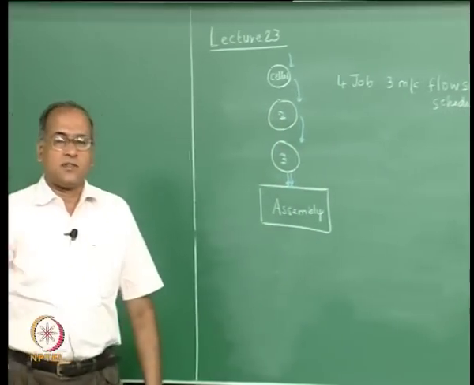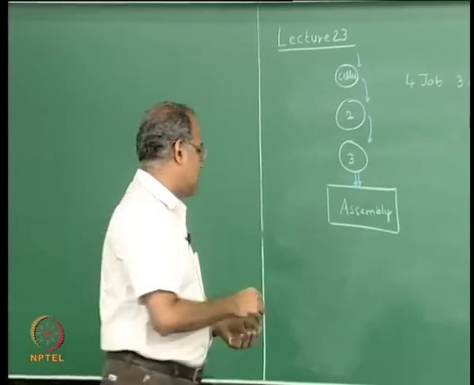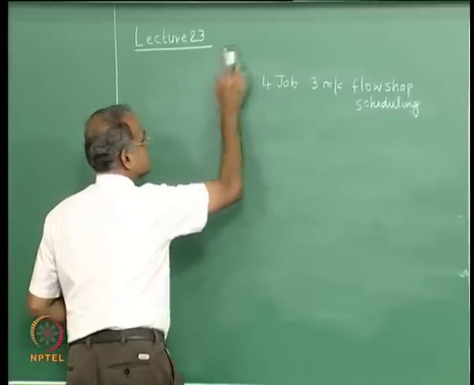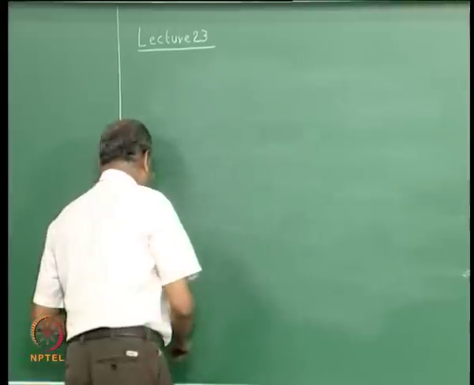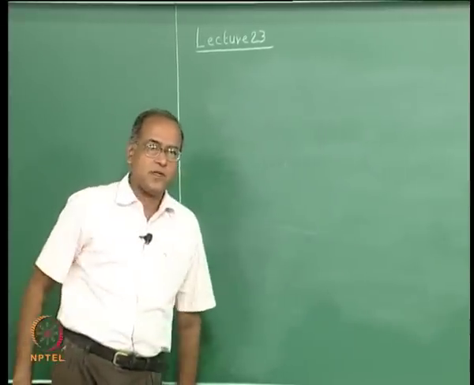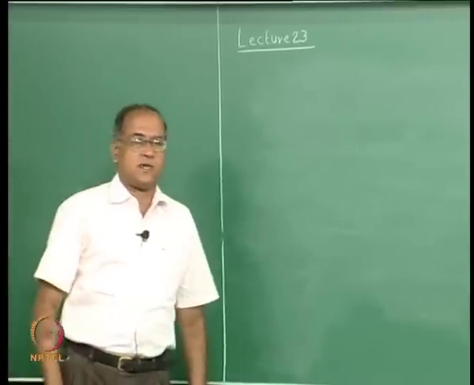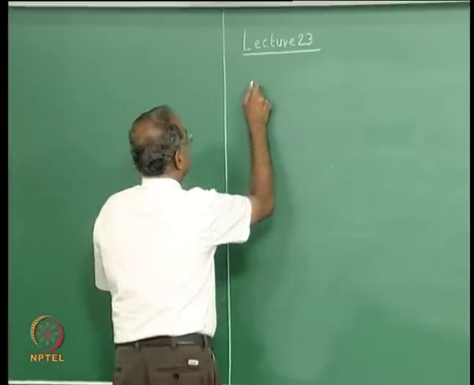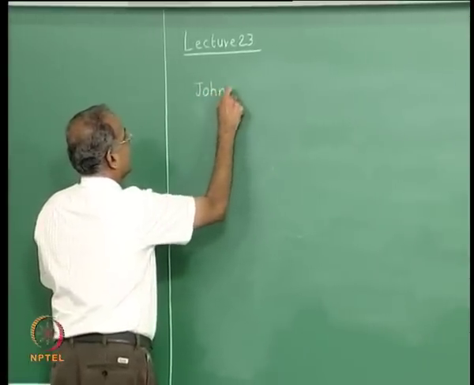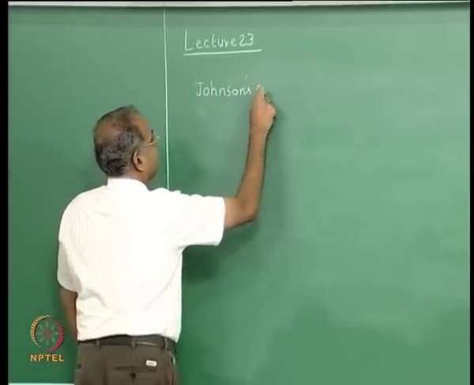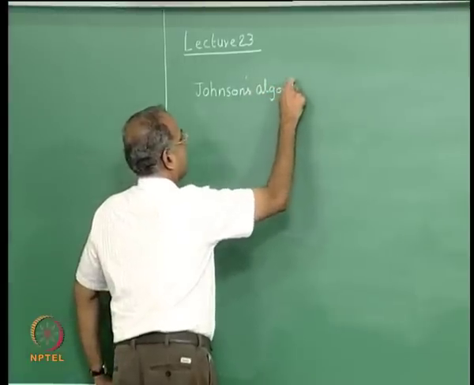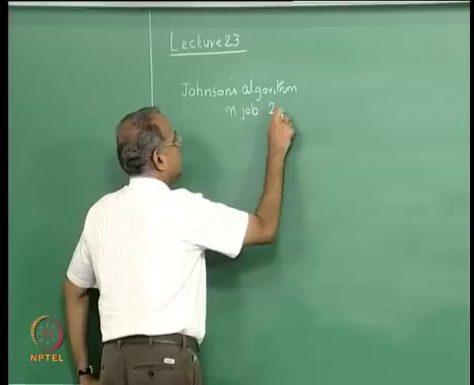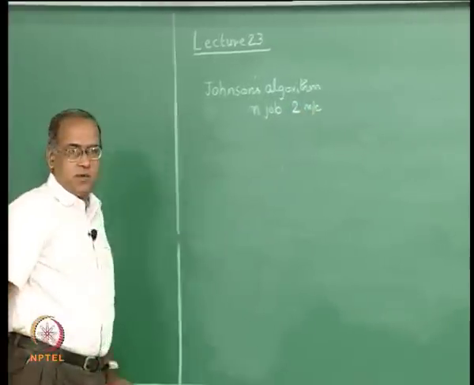Now, there are several ways of doing this flow shop scheduling or sequencing problem. Once again, the problem is a hard problem to solve optimally. So, we would discuss 1 or 2 heuristics to solve this. Now, we will introduce Johnson's algorithm, which is for an n job 2 machine problem.